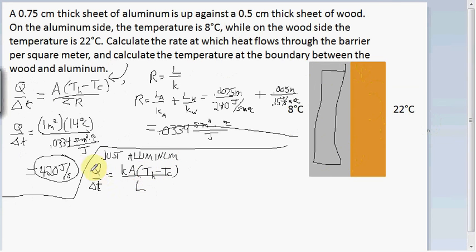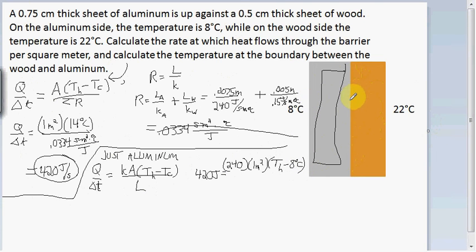And I now know that Q over T is 420 joules per second. So 420 joules is equal to 240, whatever those units are, times 1 square meter times TH minus 8 degrees Celsius, because this side is 8 and this side's going to be warmer.